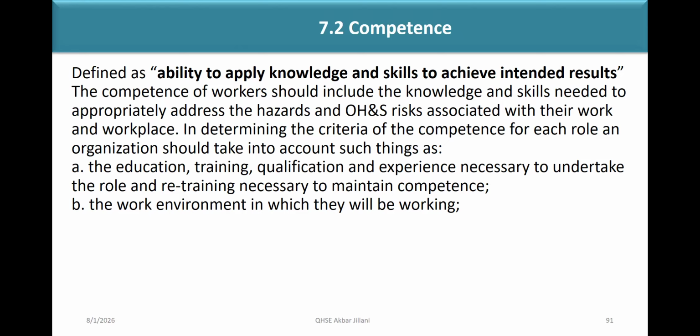So skills, knowledge, experience, and training.